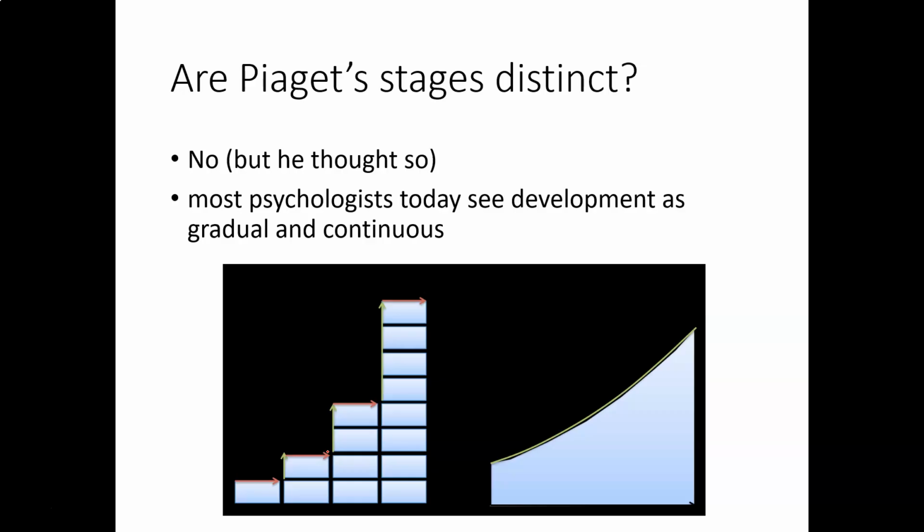Another critic of Piaget is Vygotsky. Vygotsky was a Russian psychologist who argued against Piaget's idea that kids have to discover or wait to discover concepts on their own.